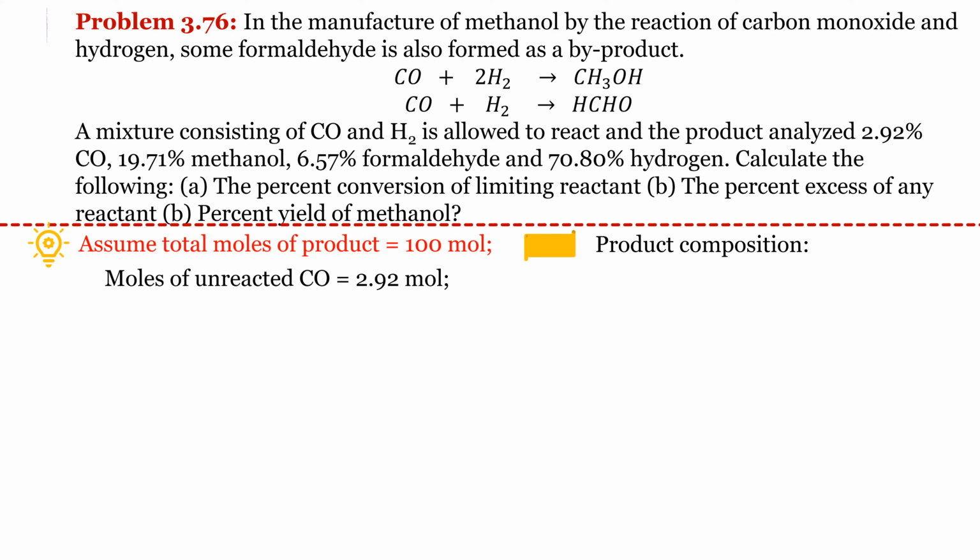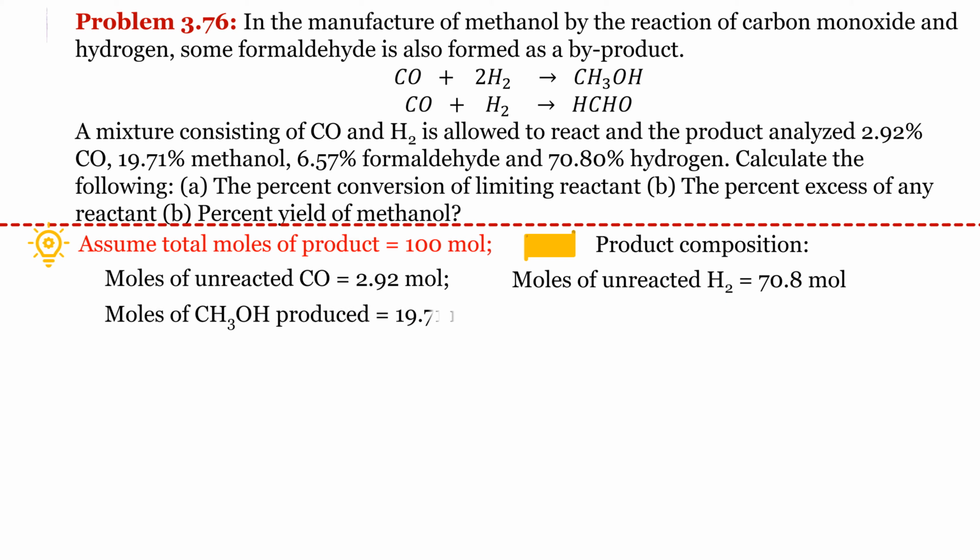Moles of unreacted CO will be equal to 2.92% of 100 moles. In the same way, moles of unreacted H2 will be equal to 70.8, moles of CH3OH produced will be equal to 19.71 moles, and moles of HCHO produced equal to 6.57.